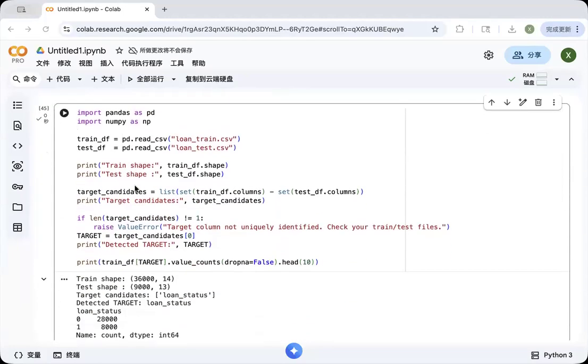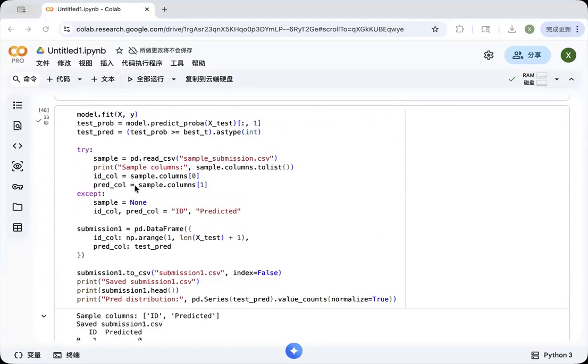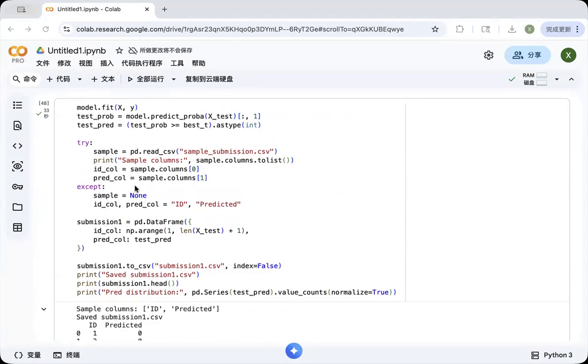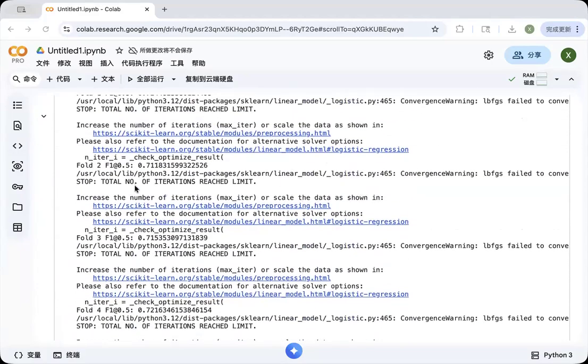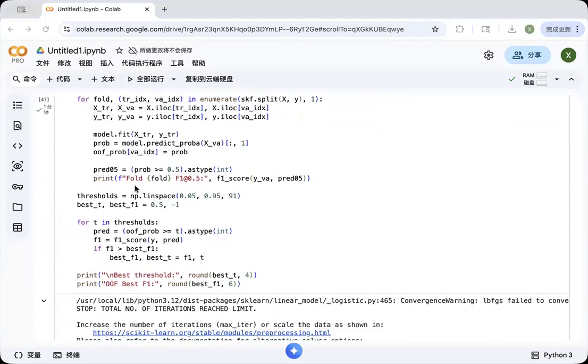A false negative means approving a risky borrower, resulting in direct financial loss. A false positive means rejecting a safe borrower, which results in opportunity cost and reduced customer satisfaction. By adjusting the threshold, we can align the model's behavior with the organization's risk tolerance.